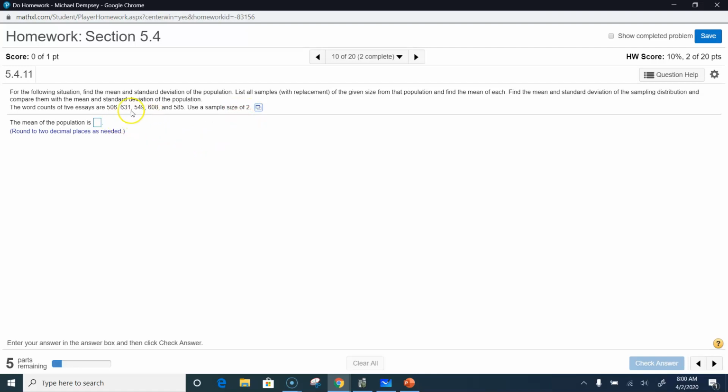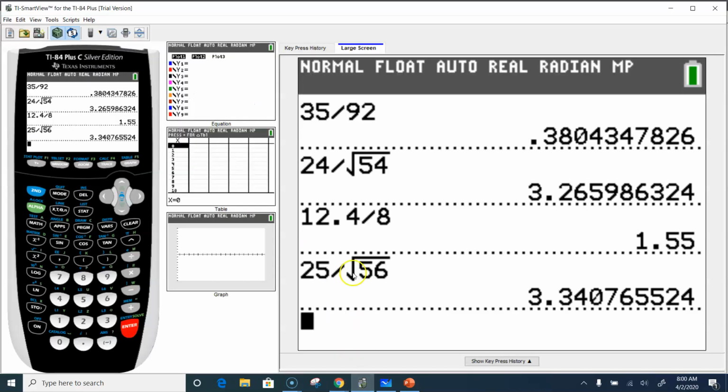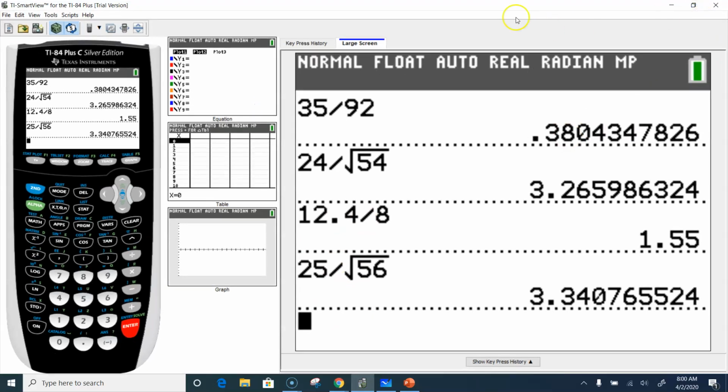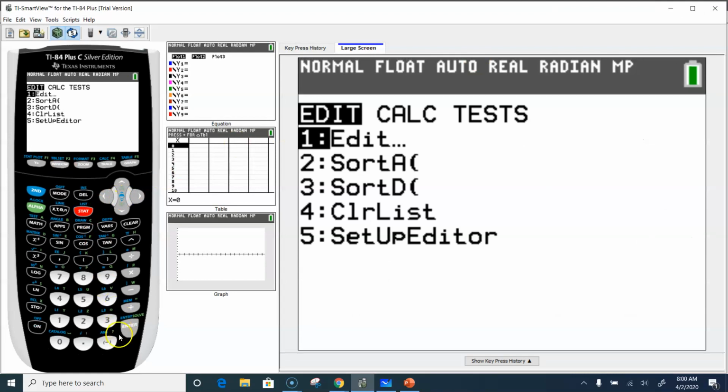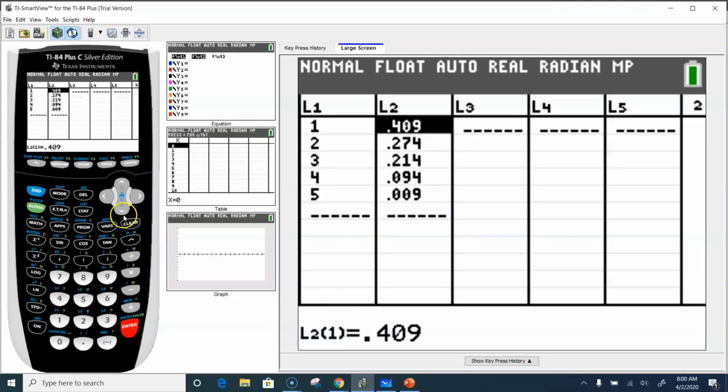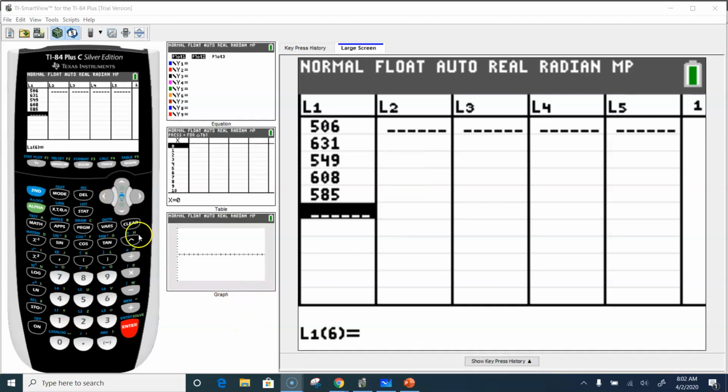So the population mean, that's going to be simple. We're just going to add all these up and divide. They give them to us in StatCrunch. You could put it in StatCrunch, or we could just use our calculator. So I have stat and edit in my calculator. Maybe clear the list that you have in there. So I have my 5 numbers in my list.